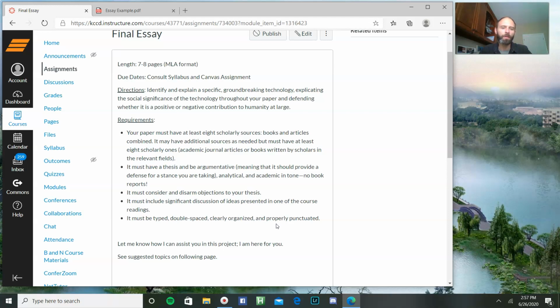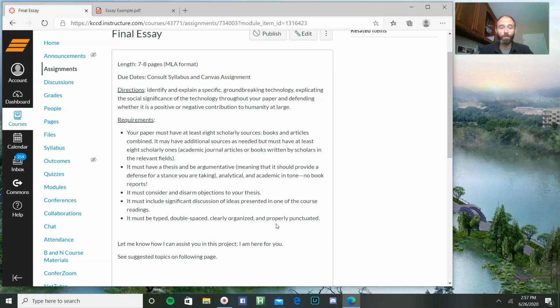Your thesis statement should appear at the end of your introduction, at the end of your first paragraph. In your thesis statement, you should say, I am arguing for X, where X is whatever claim you're going to be supporting.